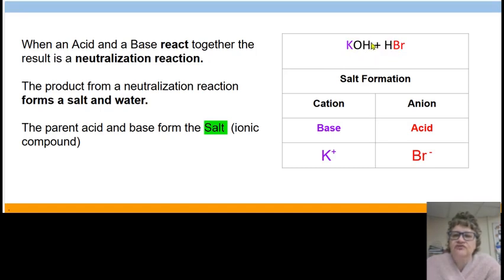The OH from the KOH is the base. So those two are going to form water, and then the potassium and the bromine are going to combine together to make potassium bromide, which is a salt.